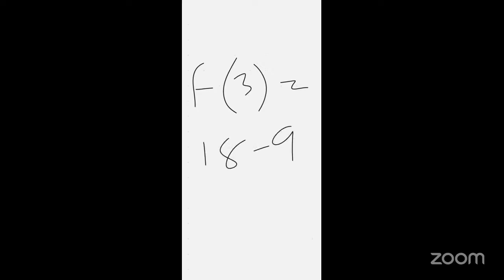Minus 3 times 3, that will be 9. So we have 18 minus 9. So we have our f of 3 equals 18 minus 9. And that will give us 9.